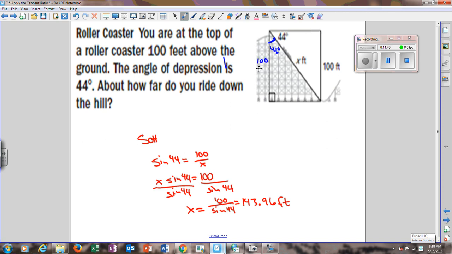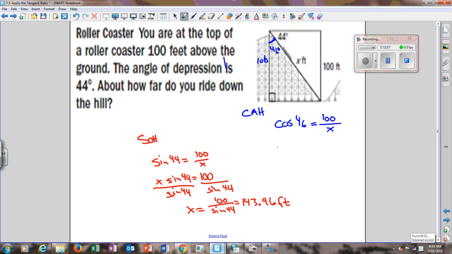And this is still 100. And so as we're looking for the hypotenuse x, it would be cosine of 46 degrees. Because this is adjacent, so it would be CAH. So it would be equals adjacent, which is 100, over hypotenuse, which is x.